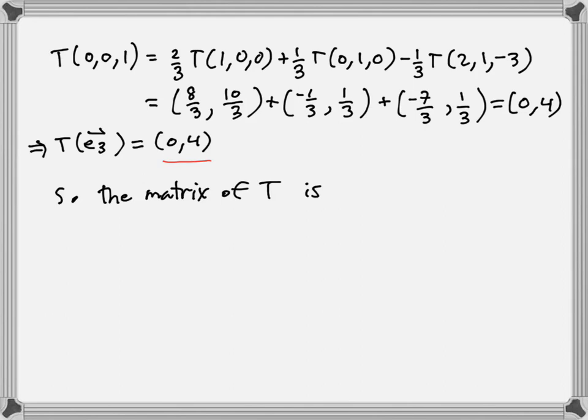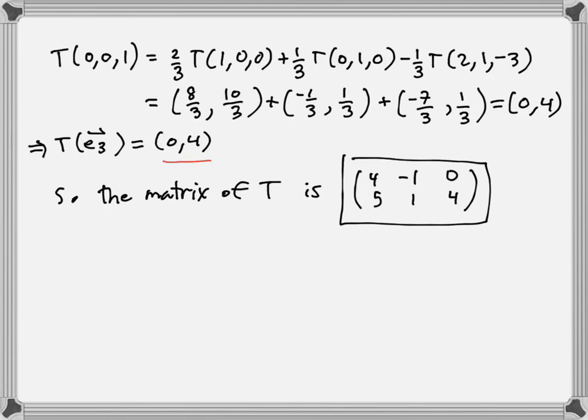So what are the three columns going to be? First one was (4, 5). The next one is (-1, 1). And the last one is (0, 4). So this is the matrix of our transformation.